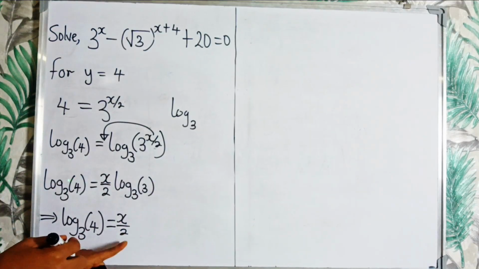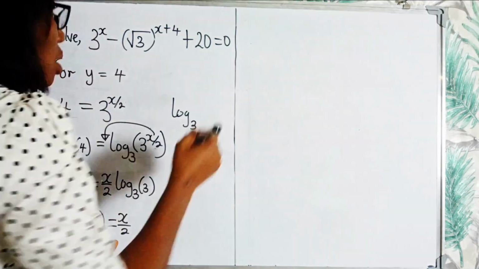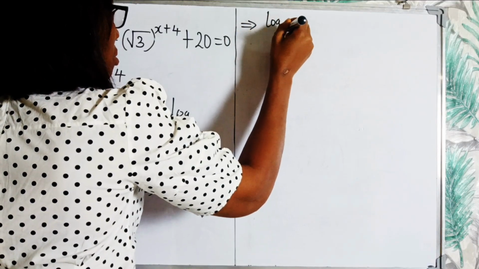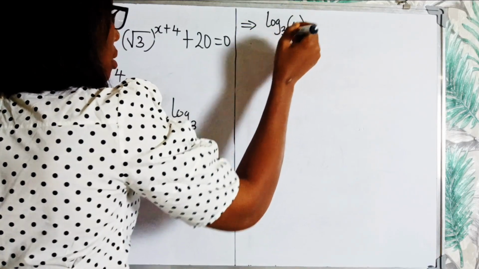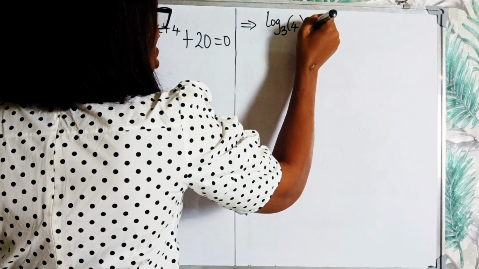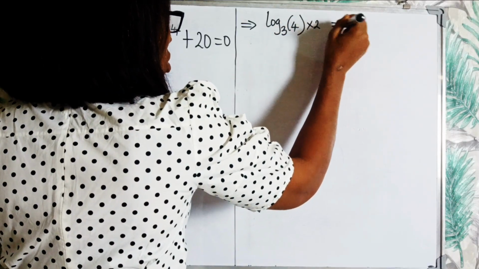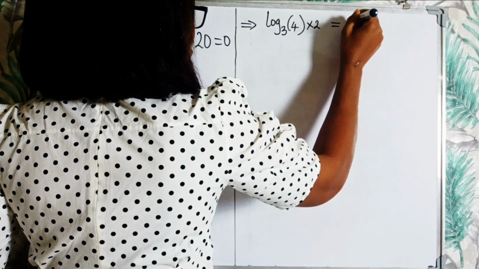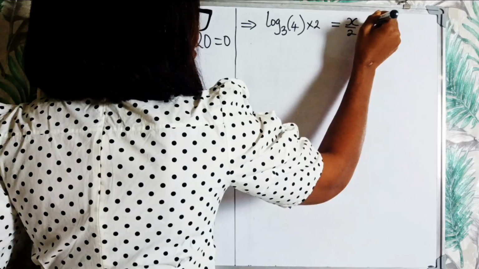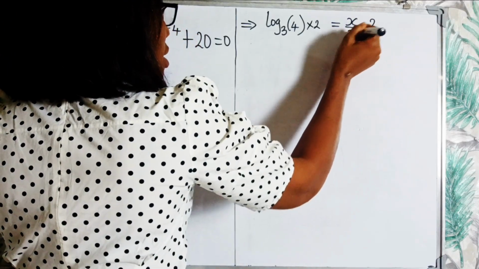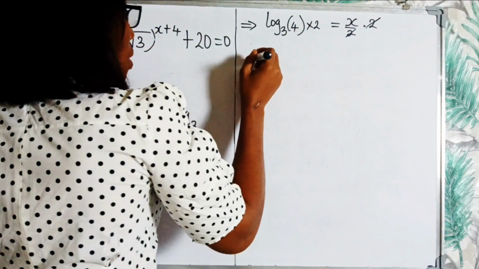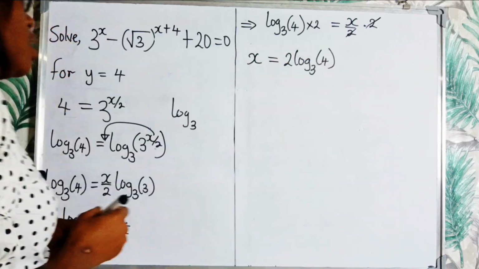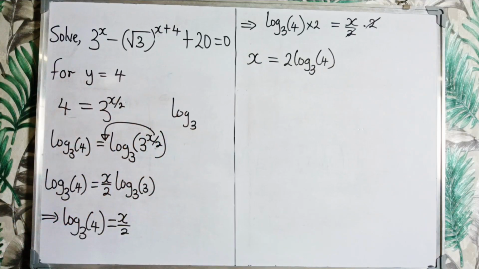So here I have log base 3 of 4 times 2 is equal to x over 2 times 2. This and this will go. Now our x is equal to 2 log base 3 of 4. That's the first value of x.